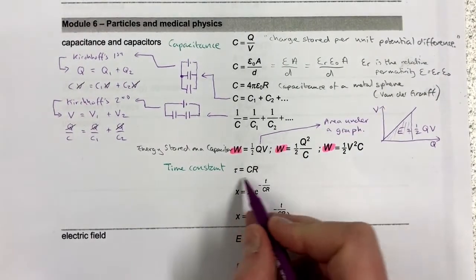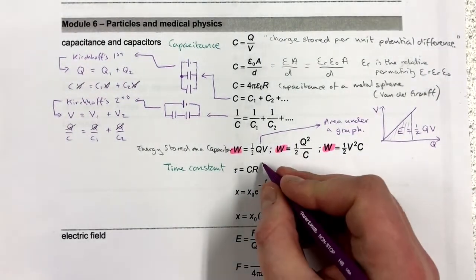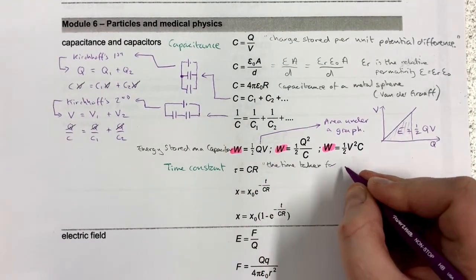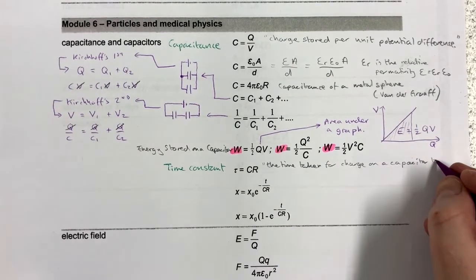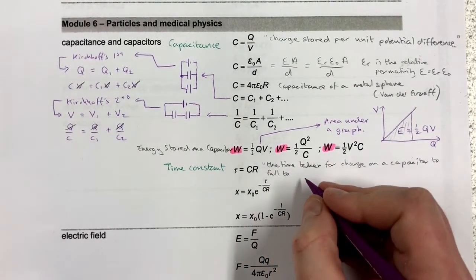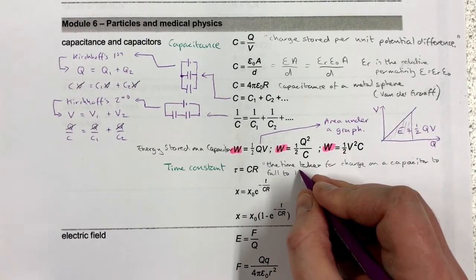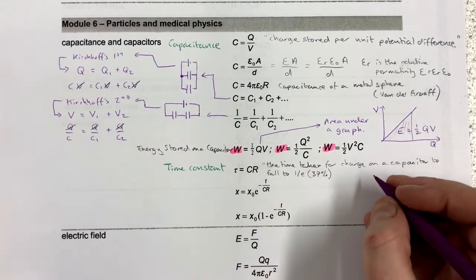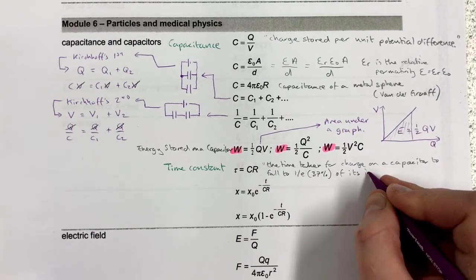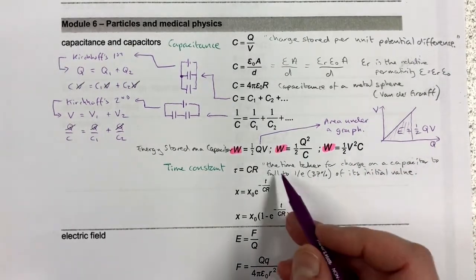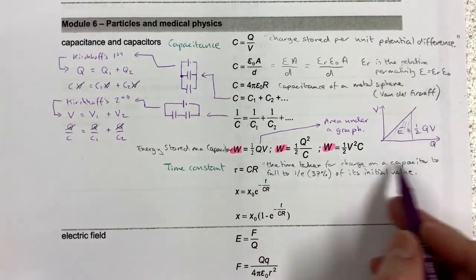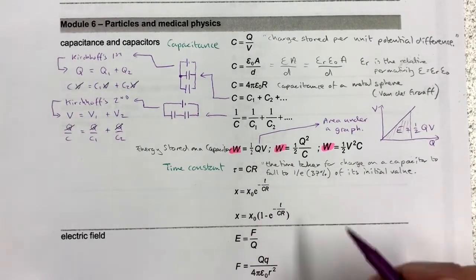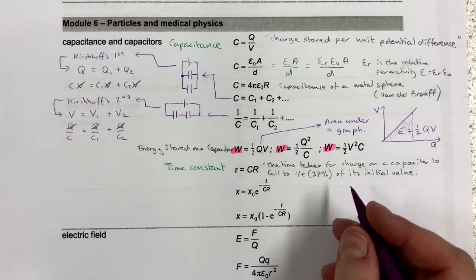It is the time taken for the charge on a capacitor to fall to 1 over e, in brackets 37%, which is roughly about the same thing, of its initial value. And this would be true also for the time taken for the potential difference on a capacitor to fall to 37% of its original value, or you could apply it to current, but traditionally put charge in there.